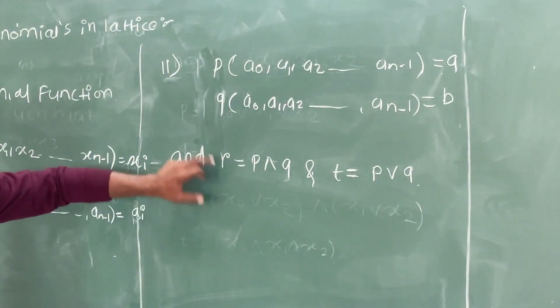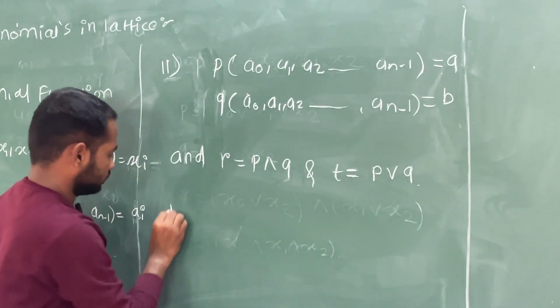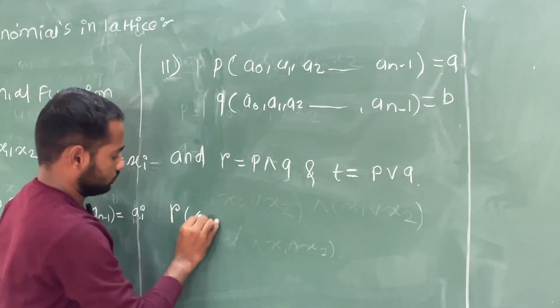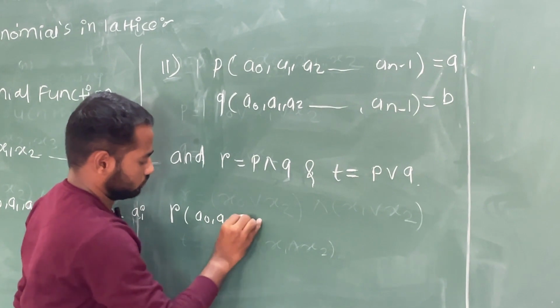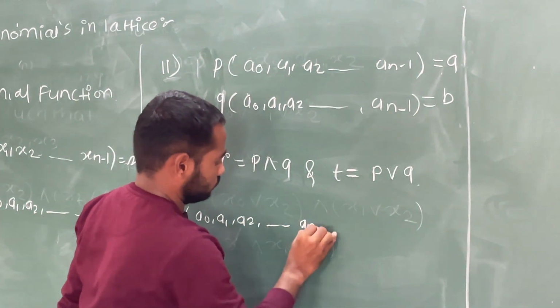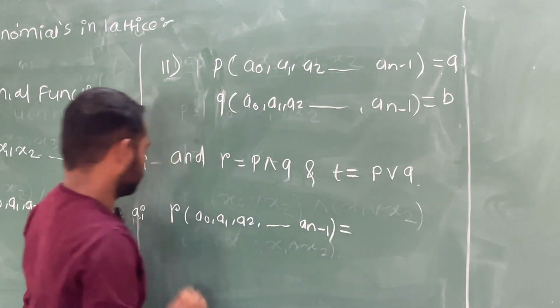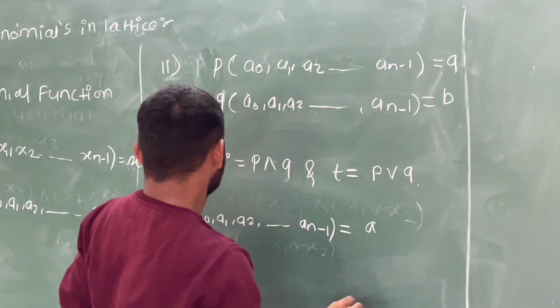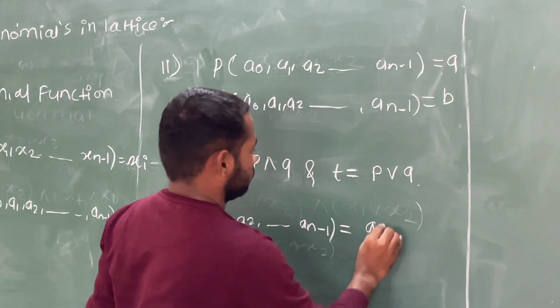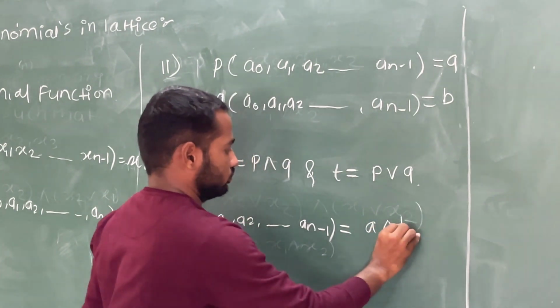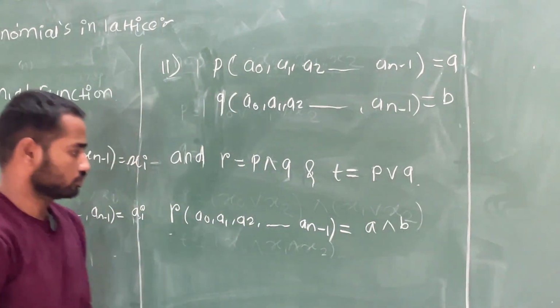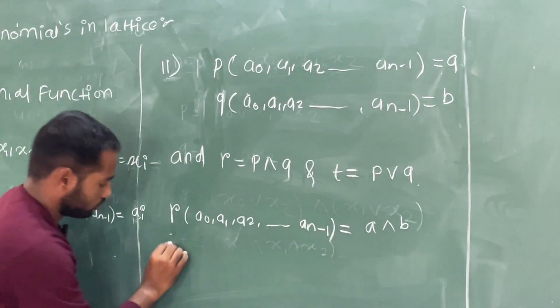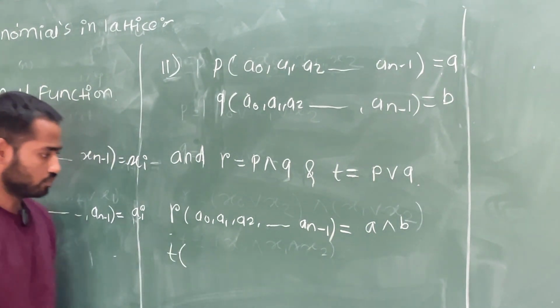Then what should be the value of r at that point? It should be a meet b. Yes or no? And t evaluated at that point is a join b. Is that clear?